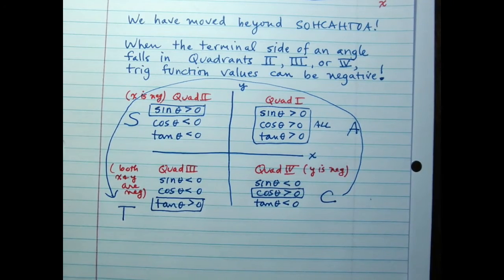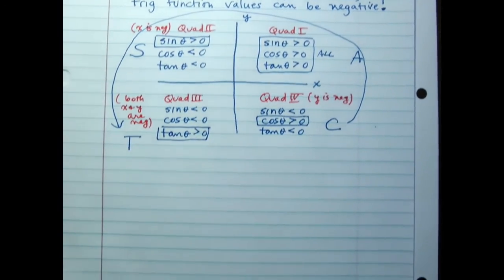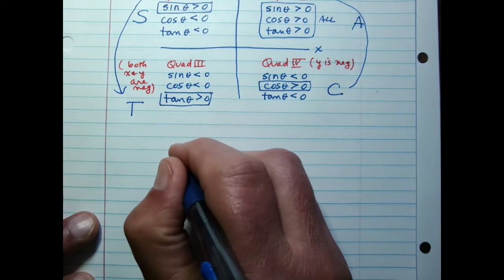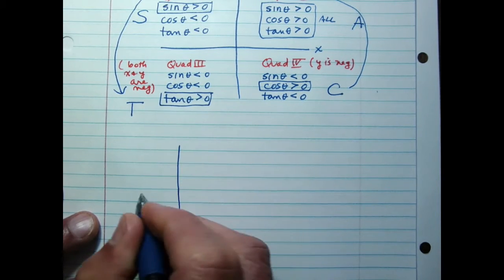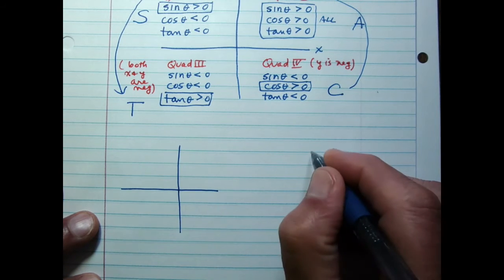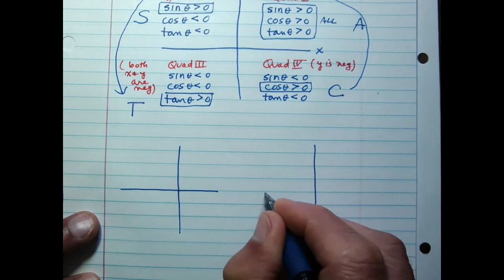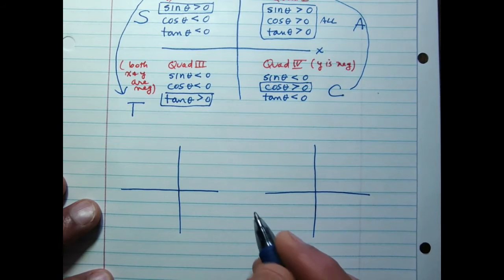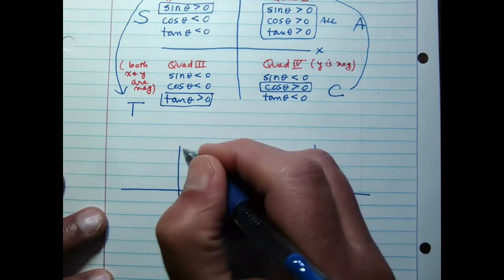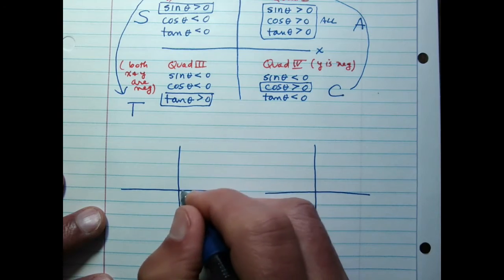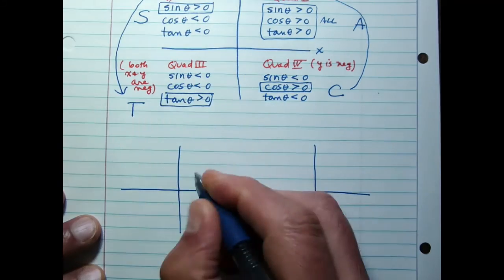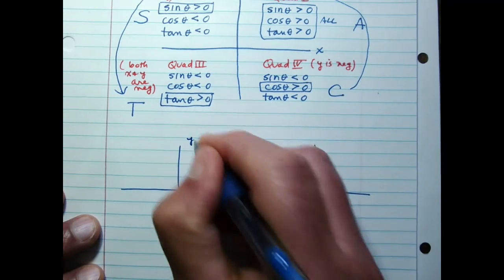And just one more observation I want to make, and maybe as we work with these functions, we'll get more and more comfortable with where they're positive and negative. I just want to say something about sine and cosine. Y-coordinates are positive above the x-axis in a coordinate system.